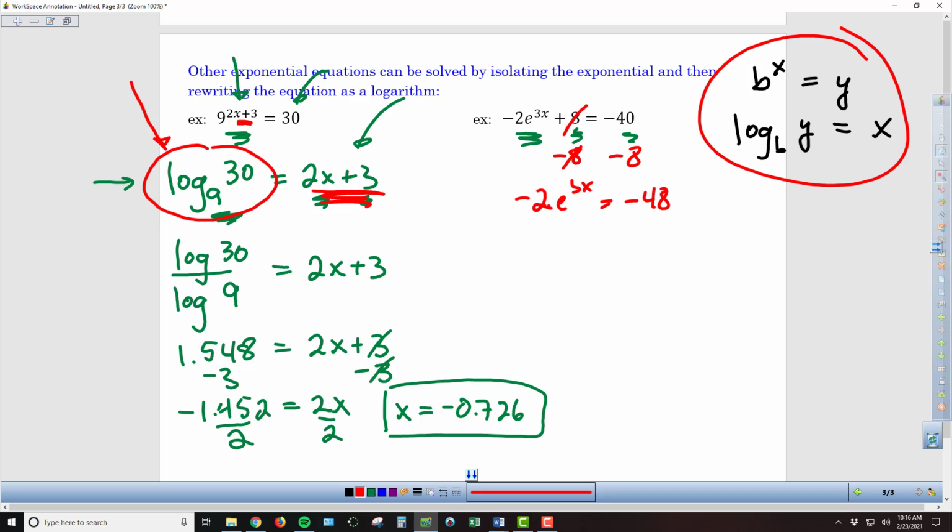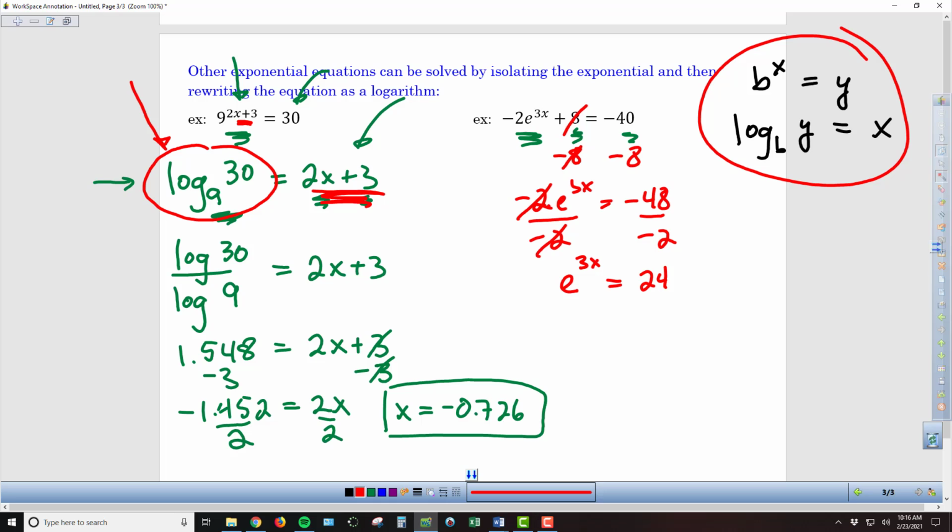So then, before I rewrite it as a logarithm, I need to divide both sides by negative 2, so I have to fully isolate the exponential. So now I have e to the 3x equals negative 48 divided by negative 2 is going to be 24.